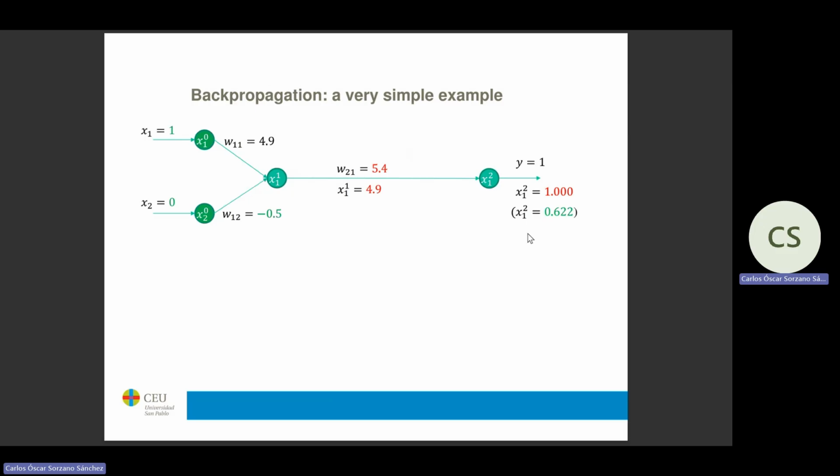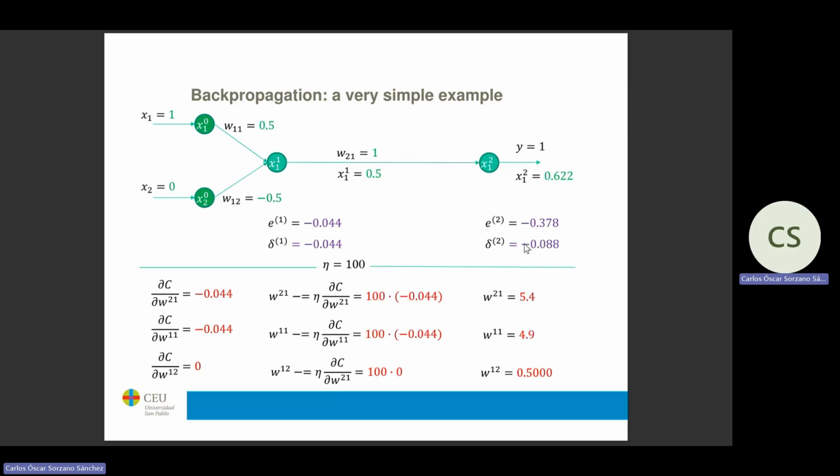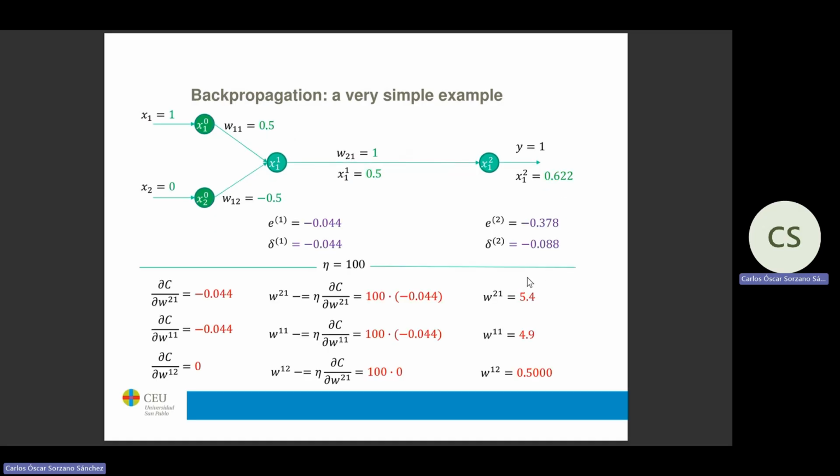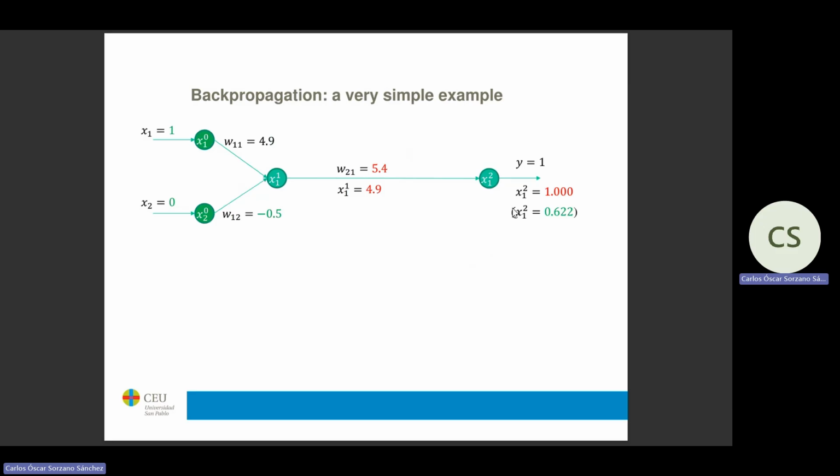So that gives you an idea that this learning rate controls how fast you will go towards the target. So here with 0.1, we are moving just a little bit, and you will need many iterations to get to the desired output. Now you do it in just one step, you go directly there.